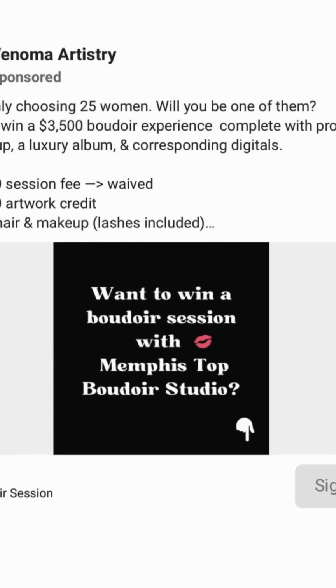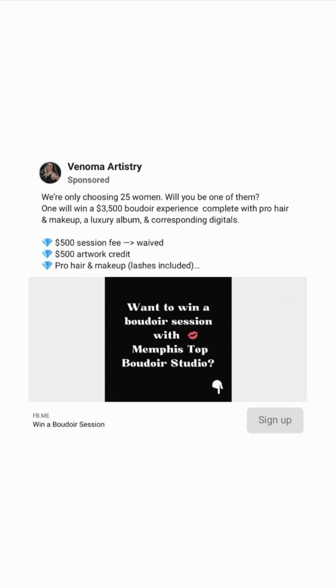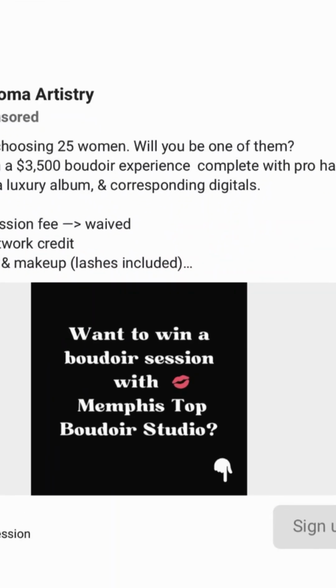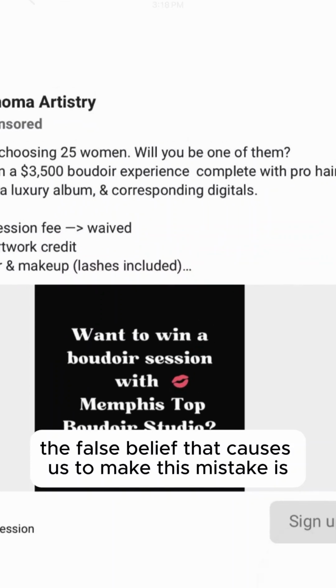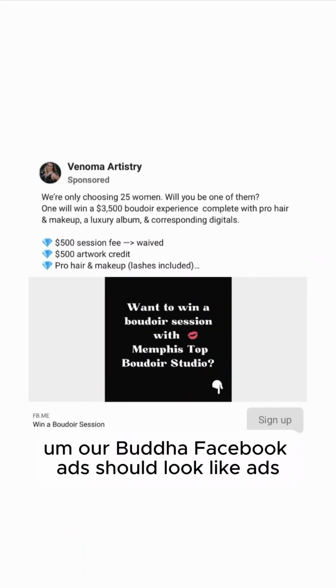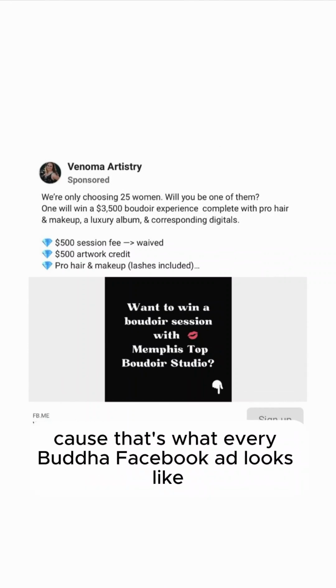Next, we look at the creative, the photo, to see if that contributes to BLCS. So we got the looks like an ad mistake here. The false belief that causes us to make this mistake is we believe that our Boudoir Facebook ad should look like ads because that's what every Boudoir Facebook ad looks like.